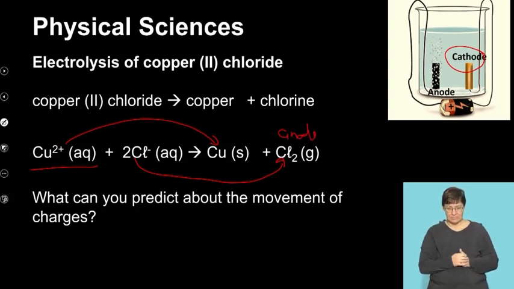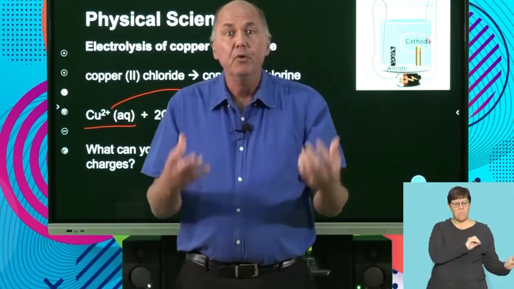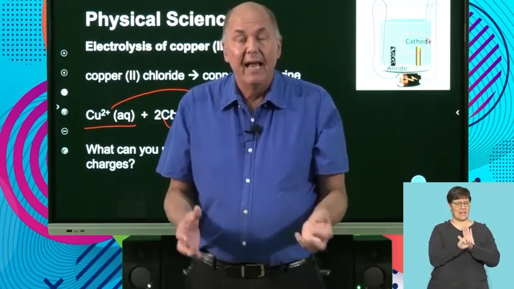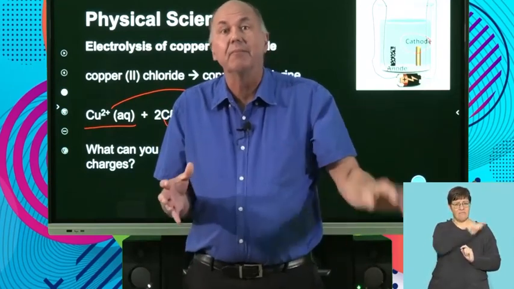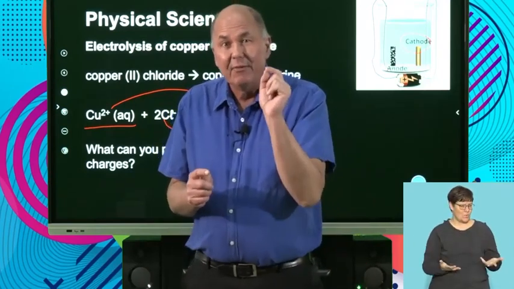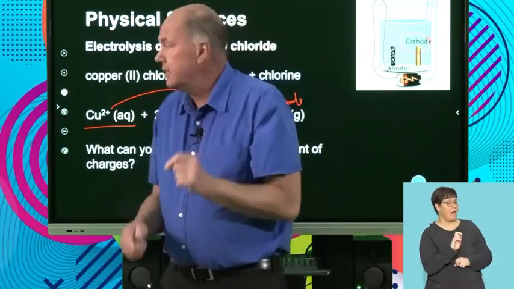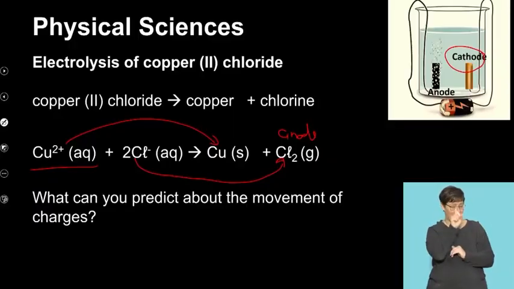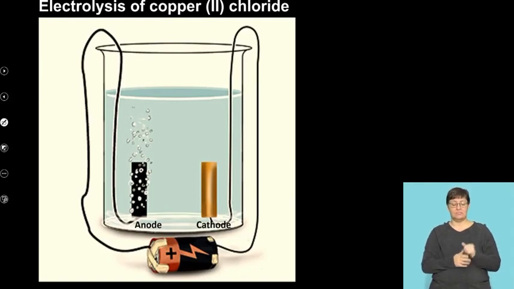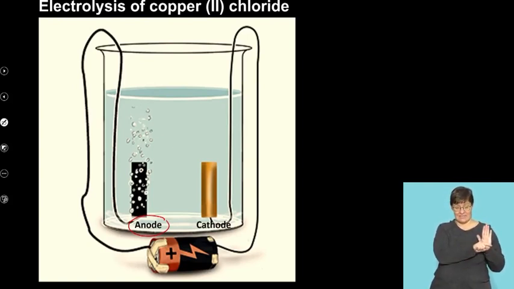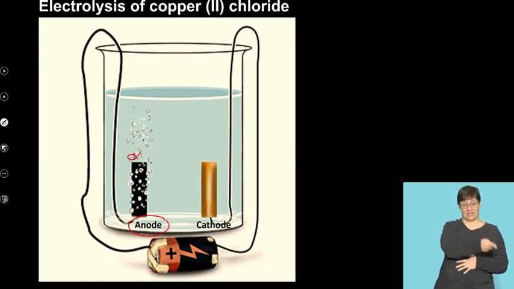So what does this tell us about the movement of electrons as they pass through this completed circuit? Let's have a very careful look at this, because it is important to know. So at the anode, notice this is a closed circuit. At the anode, we've got electrons that are being lost, because this is oxidation.